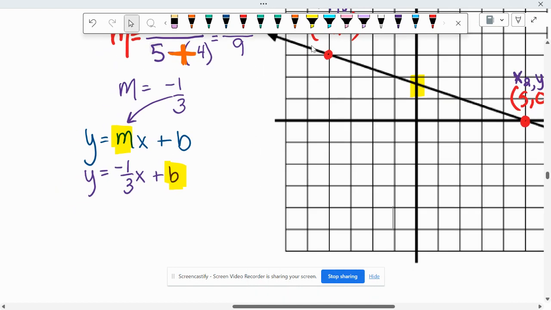So we have to calculate b, meaning we have to get b all by itself. And the only way to do that is to plug in a value for x and y. Do I know a value that I can substitute in for x and y?